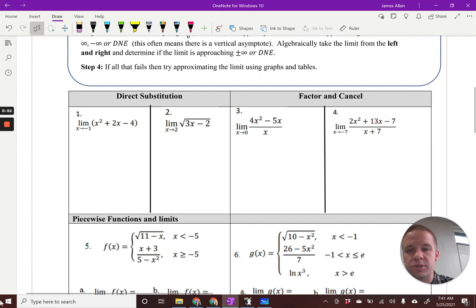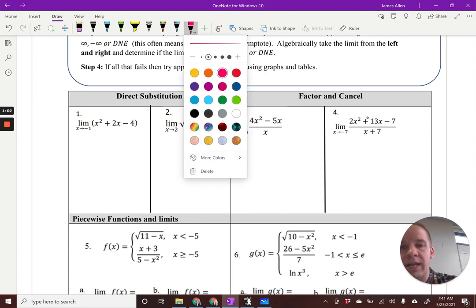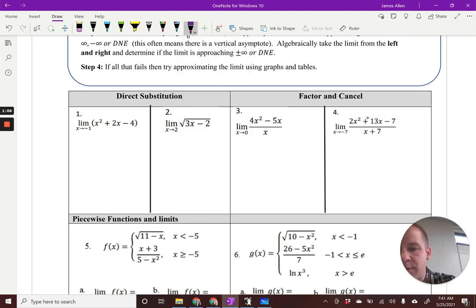So direct substitution, if I take a look at the first one, problem number 1, the limit of x squared plus 2x minus 4 as x approaches -1. Well, if I just plug in -1, let's see what we've got here. So -1 squared plus 2 times -1 minus 4. I would have 1 minus 2 minus 4, so that's going to be -5.